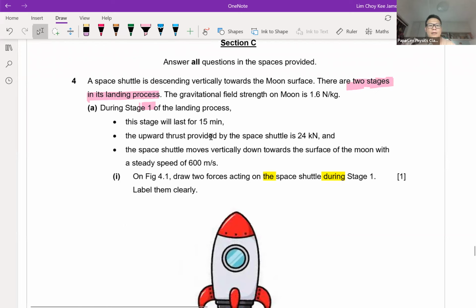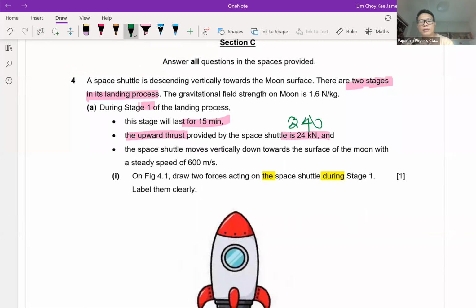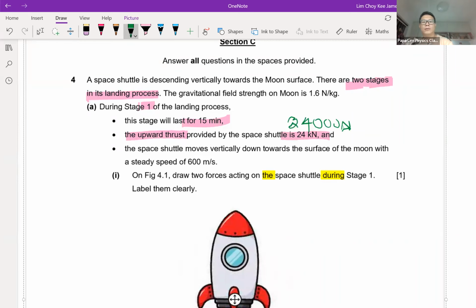Then it is given in the question that stage 1 lasts for 15 minutes. The outward force is 24 kilonewton, aka 24,000 Newton. Oh, my handwriting is so ugly. Okay, 24,000 Newton.